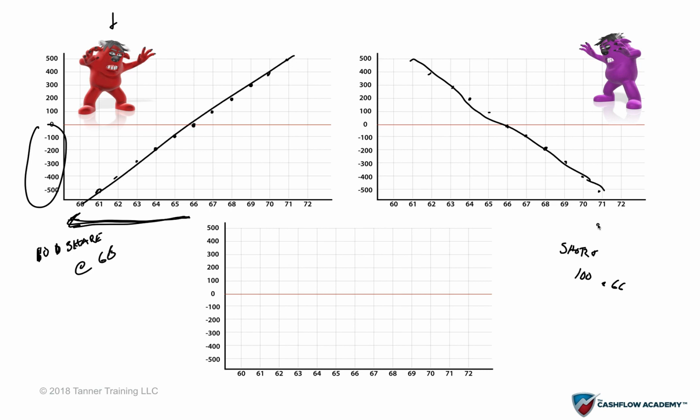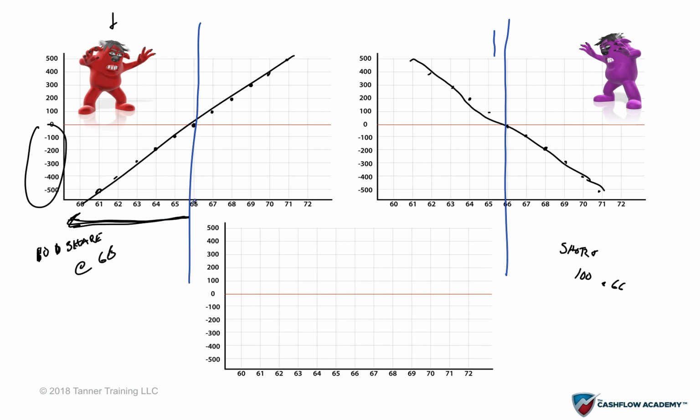So what's interesting is if I draw a line, let's just use a blue pen right here, on this graph, my monster's on this side. Watch, on this graph, let's get on 66, on this graph, my monster's on this side. So if I was in both of these trades, let's just see what would happen. And let's go towards the downside.